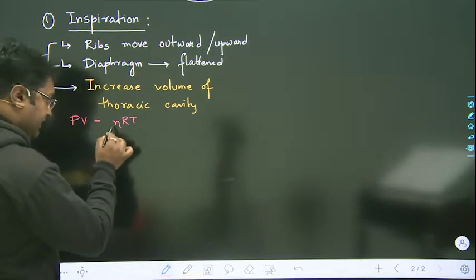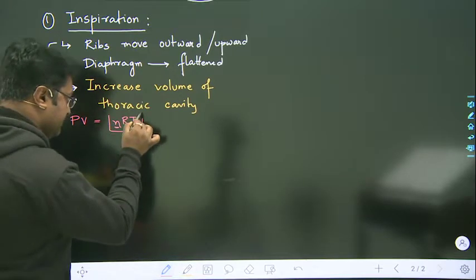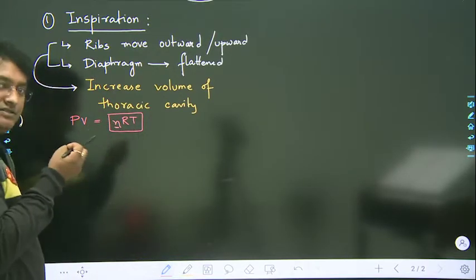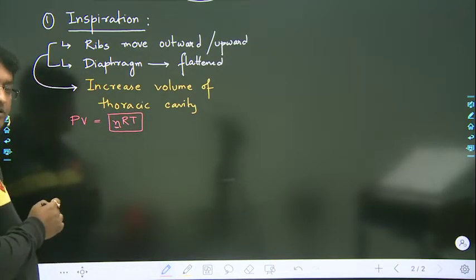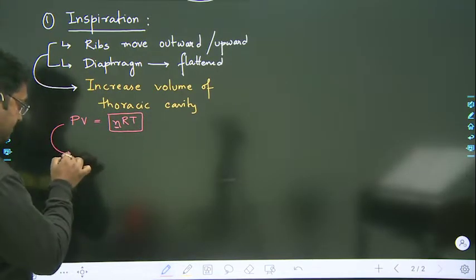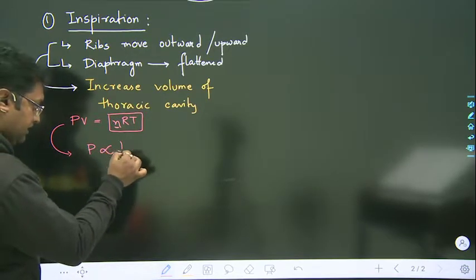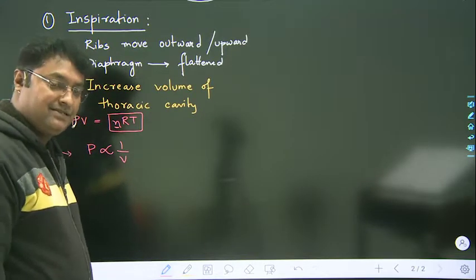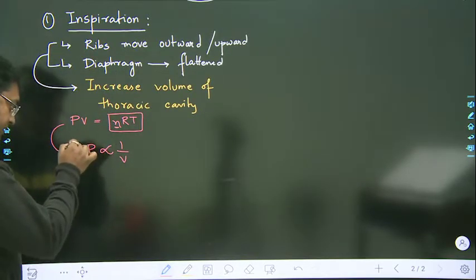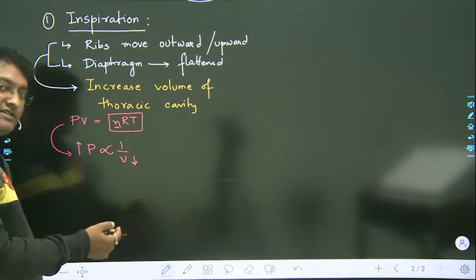Clear? Where n is the number of moles. If we take the temperature constant and the number of moles constant, then from this relation we can derive a new relation, that P is inversely proportional to V. That is, when pressure increases, volume decreases, and vice versa.